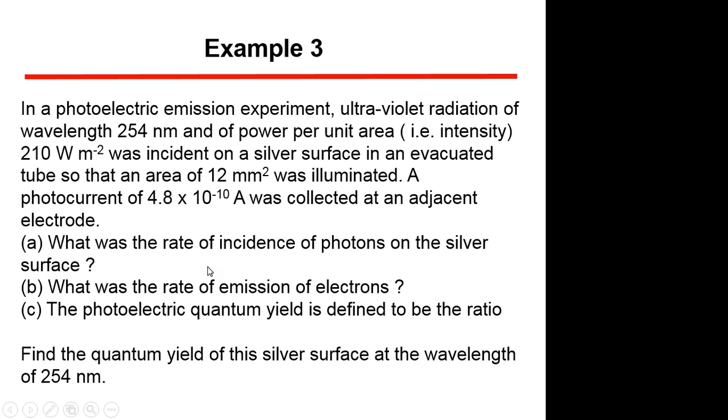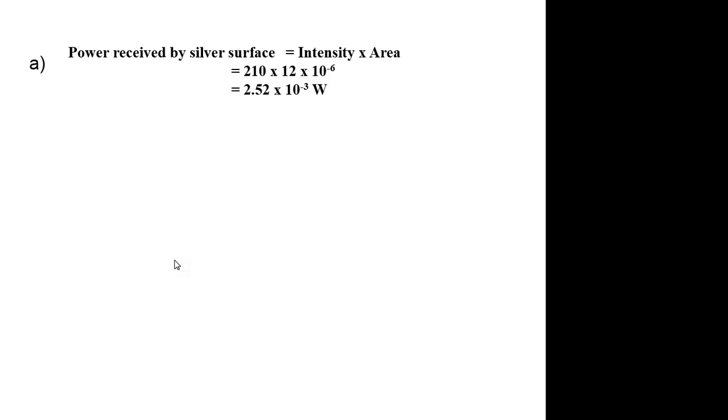Now, what was the rate of incidence of photons on the silver? So now this question is quite similar to what we did before, right? The light bulb one, example 2. You have the power received by the surface. This is the intensity, 210. The area is 12 millimeters square, so it's 10 to the power 6.